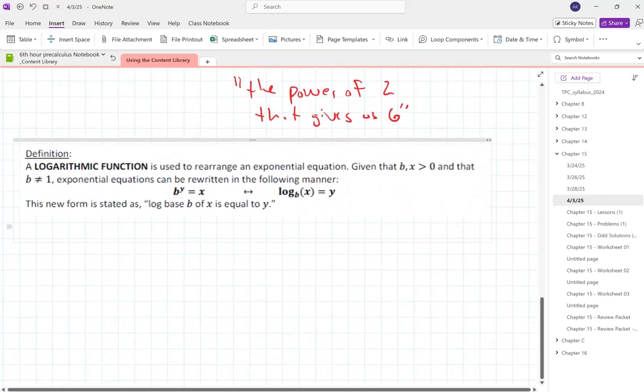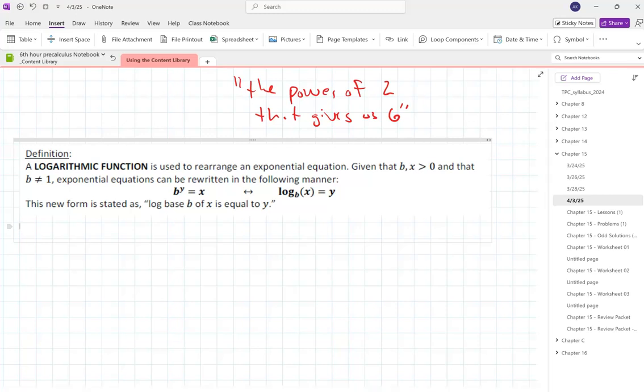So we say a logarithmic function is used to rearrange an exponential equation. Given positive values for b and x, and b not equal to 0, the exponential equation b to the y is equal to x is equivalent to the logarithmic equation log base b of x is equal to y.